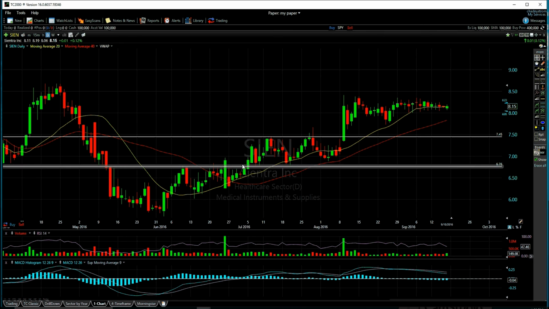The reason why these are important is because we can buy off support and know that we have a pretty good chance of selling into this resistance, and that gives us a fairly good gain. What it does also is it minimizes our risk and maximizes our reward.